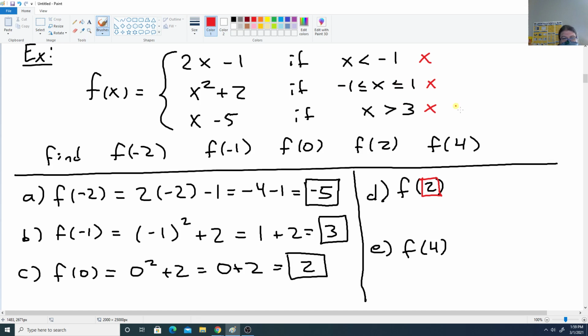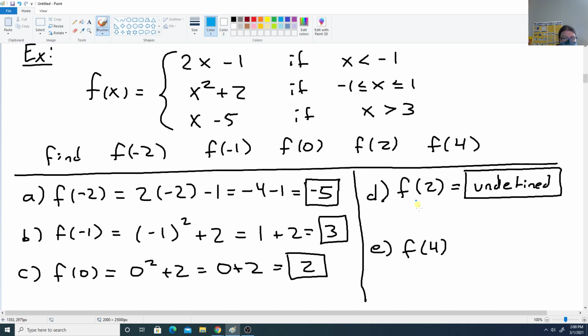And 2 is not greater than 3. So 2 is an input where none of the three forms of the line work for it. Whenever that happens, we say this is undefined. There was no form to plug it in because this 2 did not make any of these inequalities true.